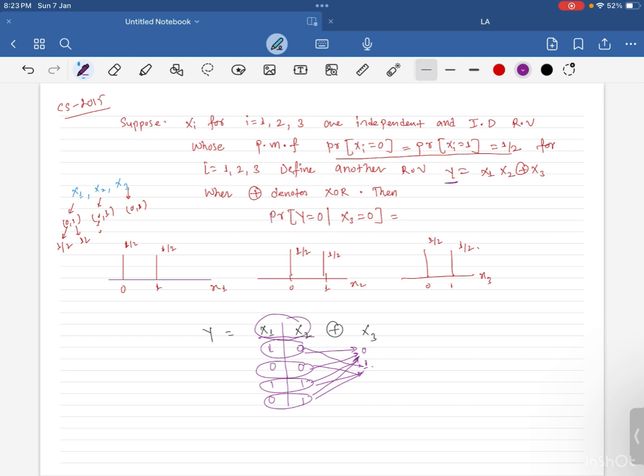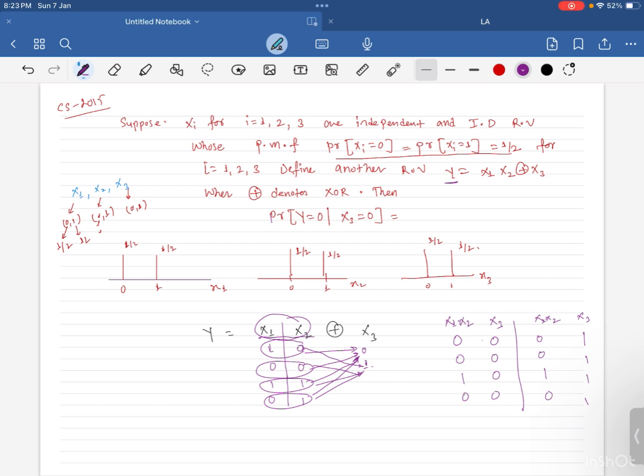So x1 times x2: 1 times 0 is 0, 0 times 0 is 0, 1 times 1 is 1, and 0 times 1 is 0. And with this we can have x3 as 0 0 0 0, and again with x3 as 1 1 1 1.